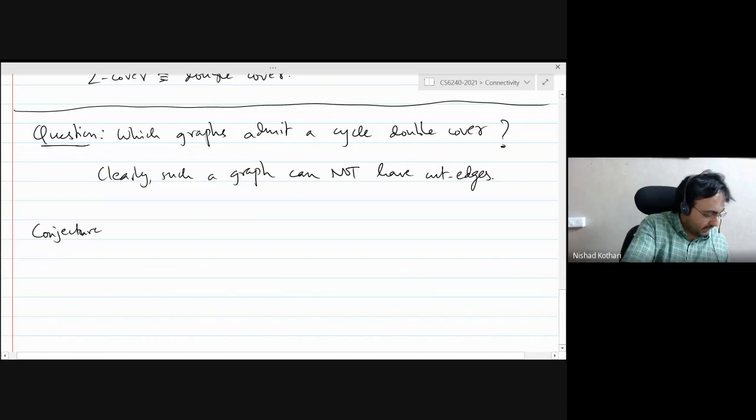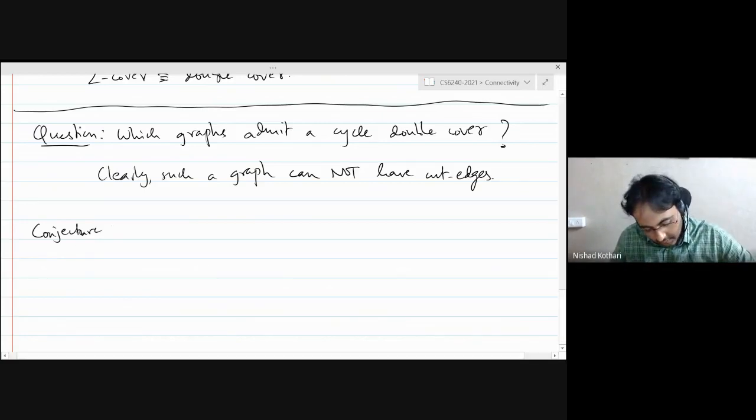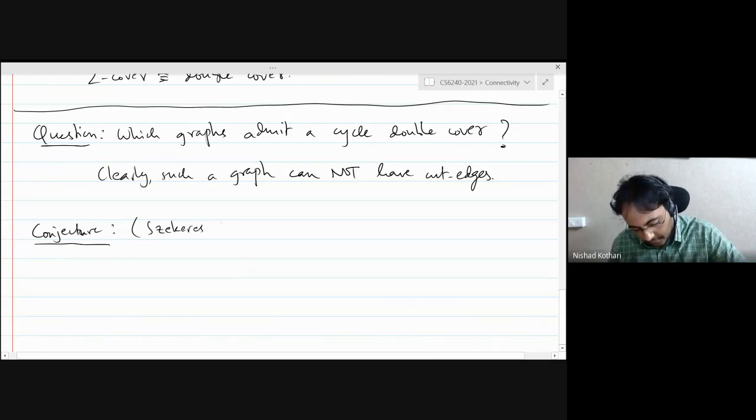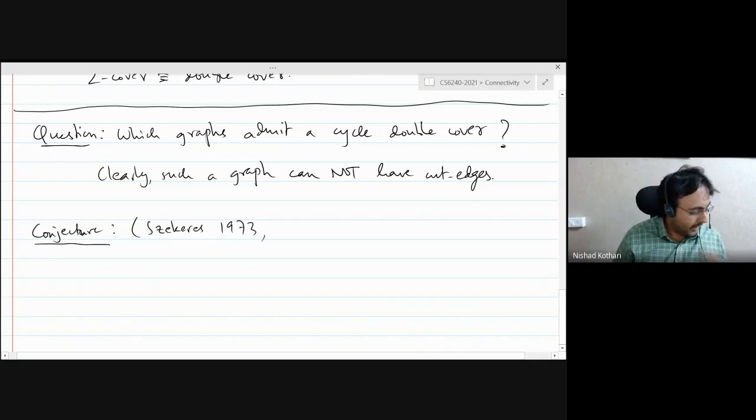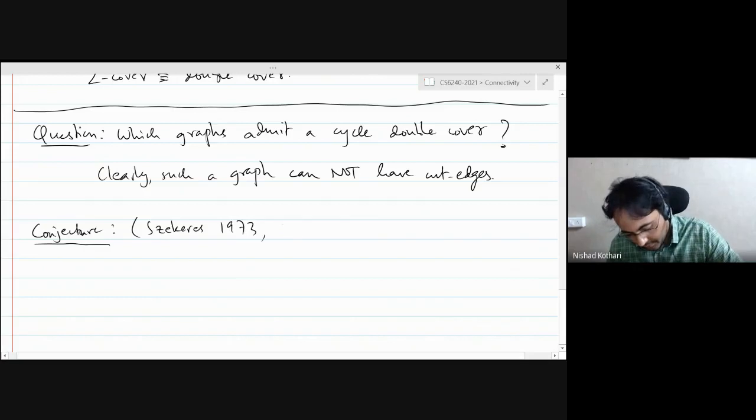Conjecture, let me see. Okay, they don't state numbers for conjectures. So this is a conjecture from 1973 by Szekeres, Hungarian, of course, because Hungarians perhaps did a lot more combinatorics than the rest of the world for many years. And also by Seymour from 1979.